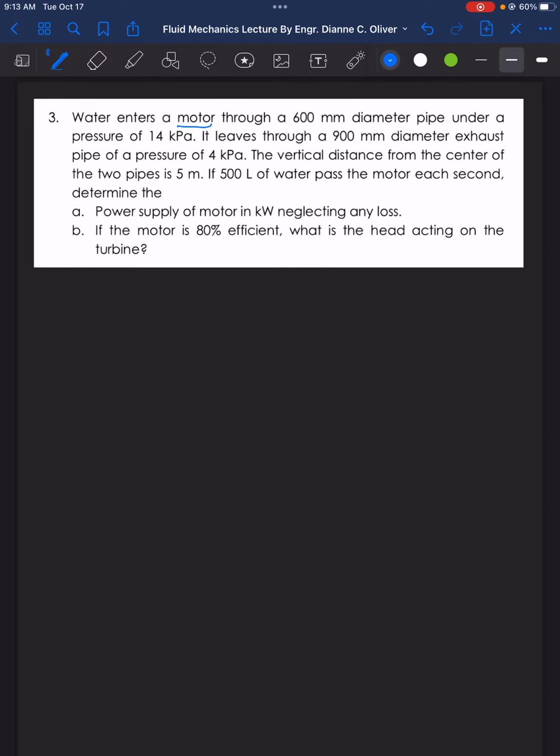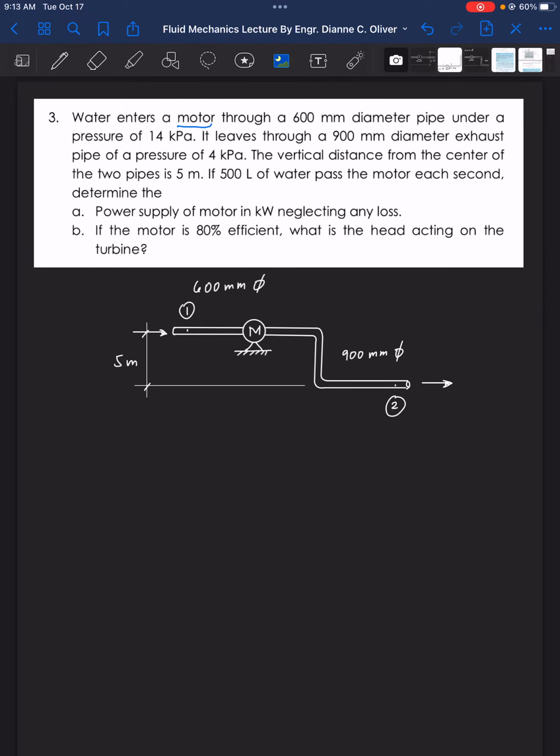So, there's no drawing. Again, from the description, we are using a motor. The vertical distance from the center of the two pipes is 5 meters, and we have here the exhaust pipe, that is 900 mm. Then water enters into the motor. So the drawing here is like this.